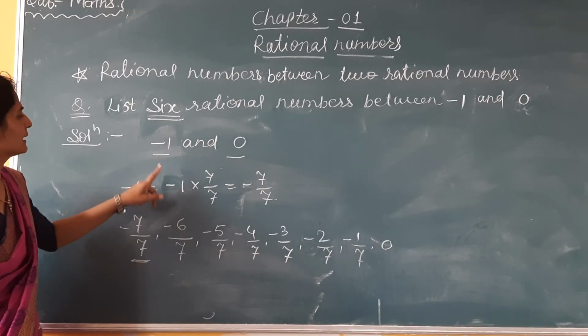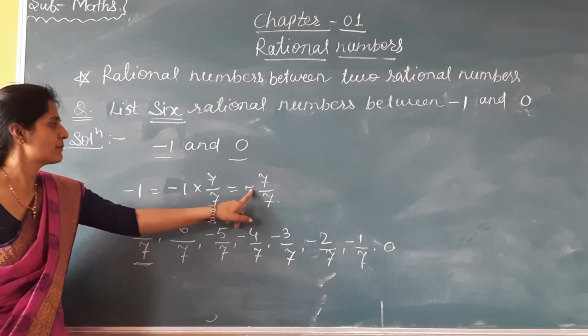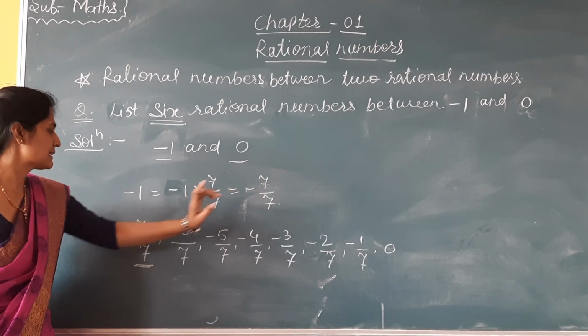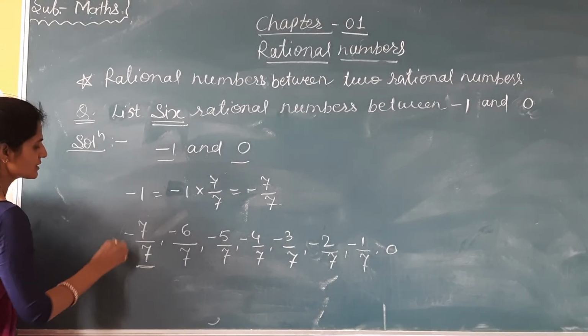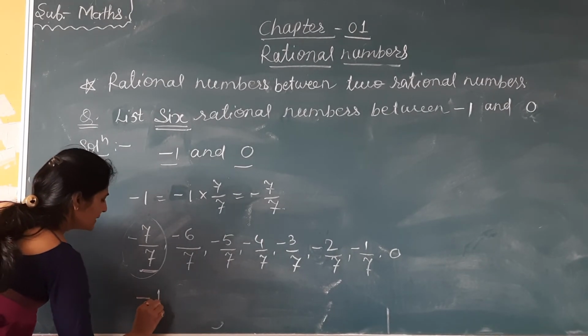We multiply and divide this minus 1 by 7, then you will get minus 7 upon 7. So first rational number is minus 7 upon 7, that means it is minus 1.